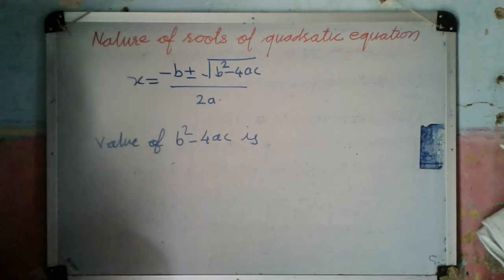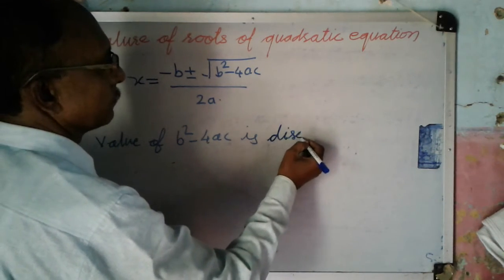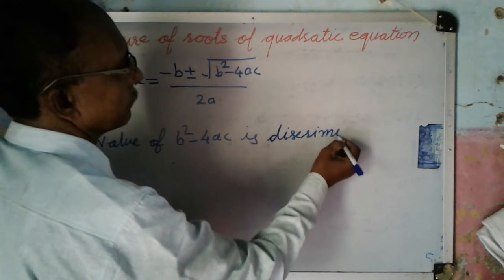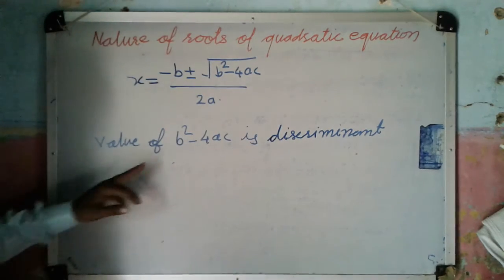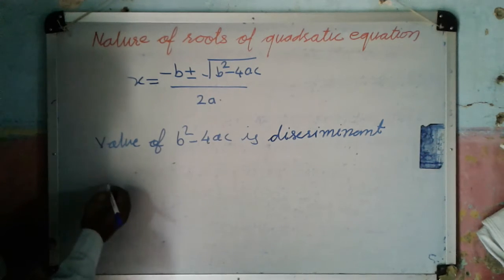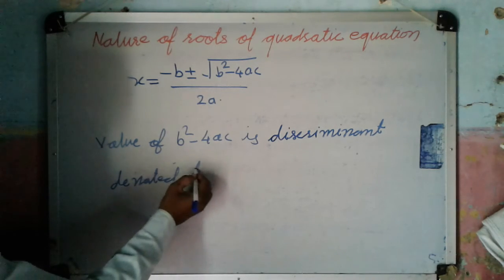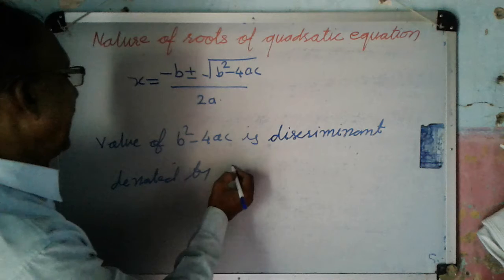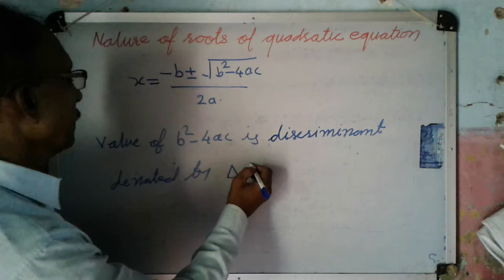And this value is called the discriminant. b square minus 4ac is discriminant and it is denoted by Greek letter delta.